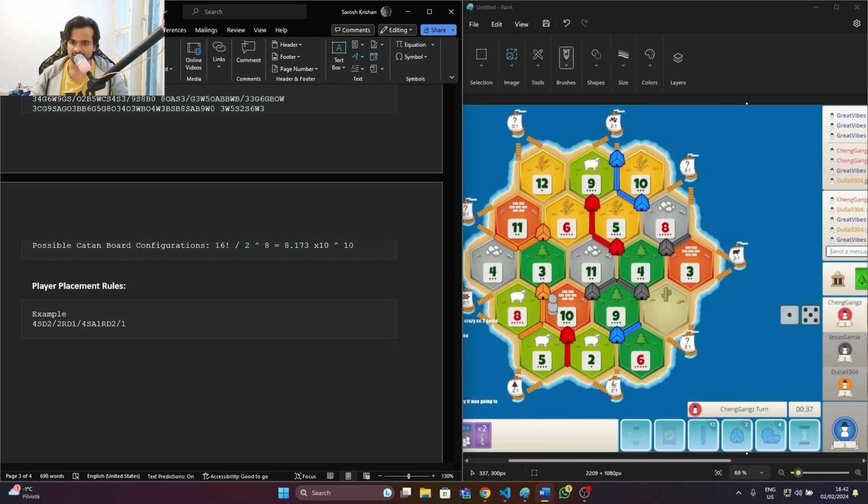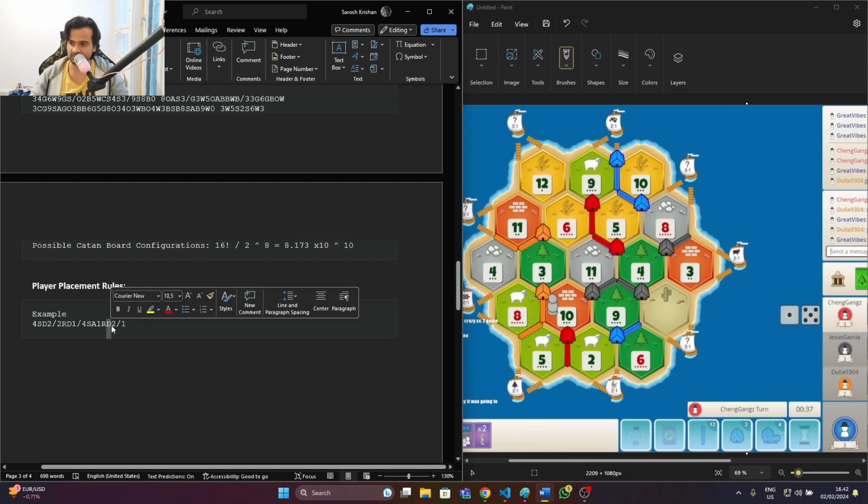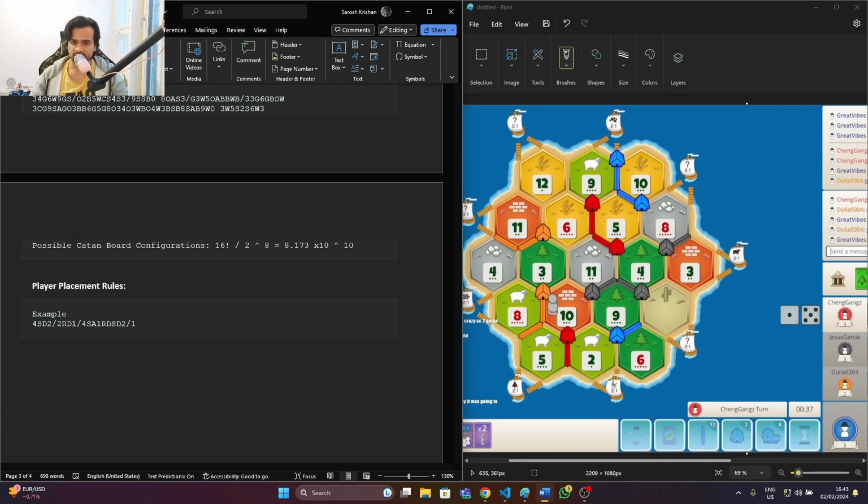So there's going to be 1, 2, 3, 4 empty spaces, and then the settlement for A, and then there's 1 empty road space, and then there's a road for D. And then there's a settlement for D as well. And then there's 2 empty spaces. Perfect. That works.